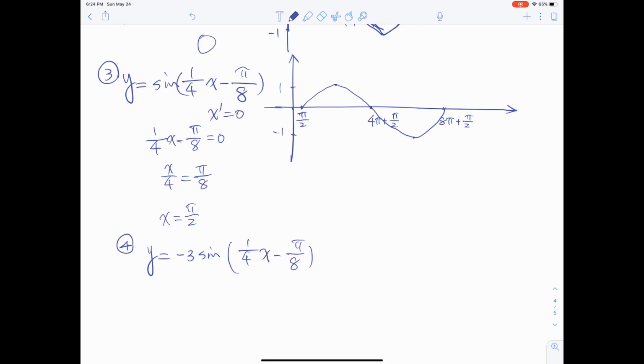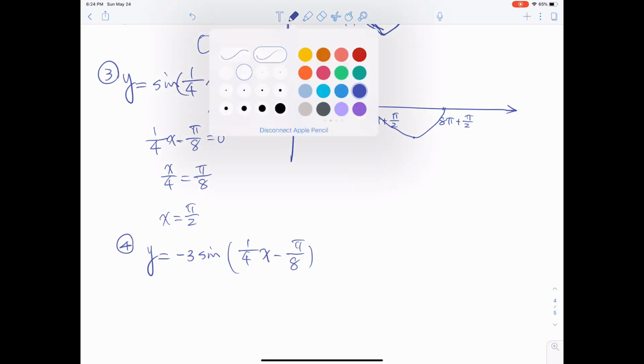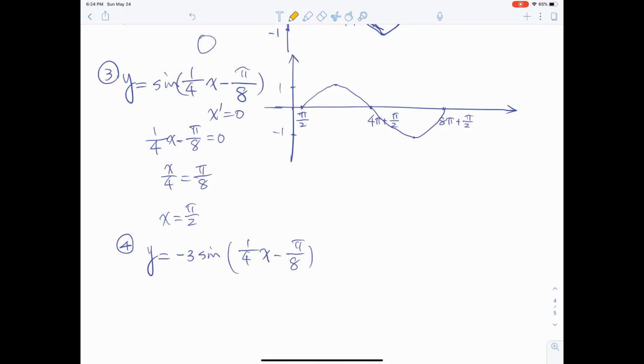I will use another color pen to write. It always starts from here. Instead of negative 1, it will be negative 3. Instead of positive 1, it will be positive 3. And because here is negative, it goes just the opposite. Okay, this is the new step 4.